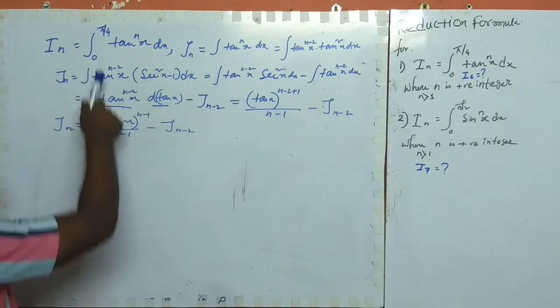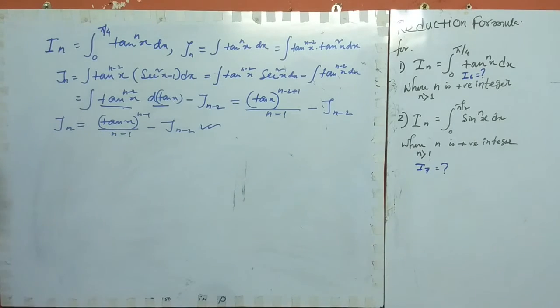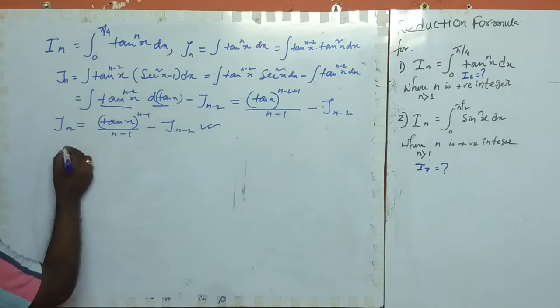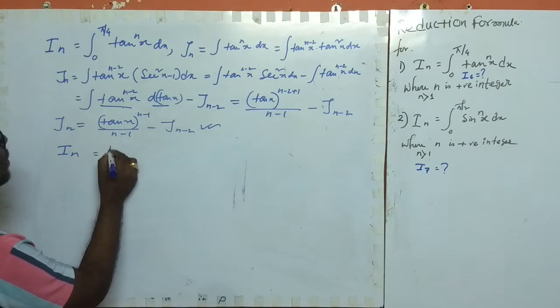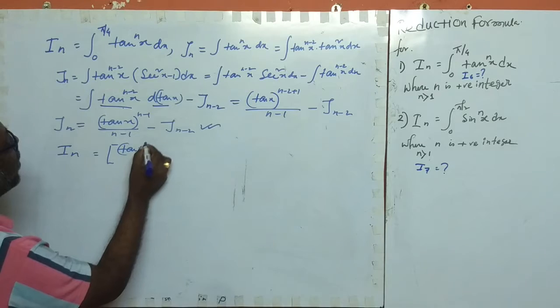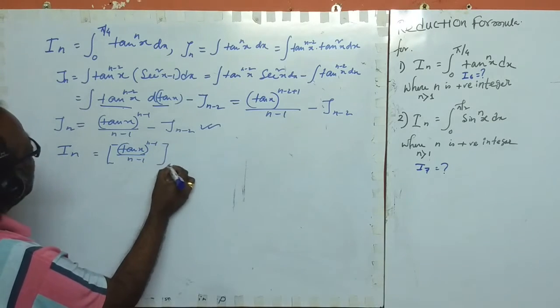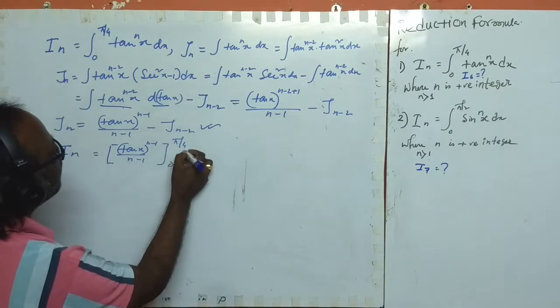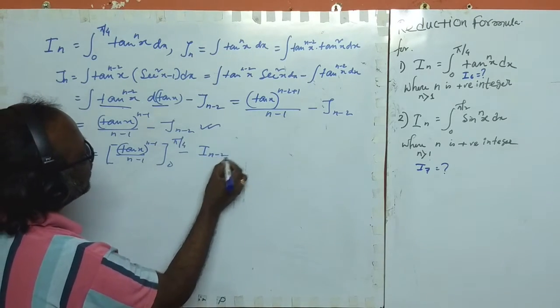Now see the limit here. This is the reduction formula rule for tan x without limit. If we put the limit, like this is In, then tan x to the power n minus 1 by n minus 1 with limit pi by 4, and Jn minus 2 transfers to I suffix n minus 2 here.